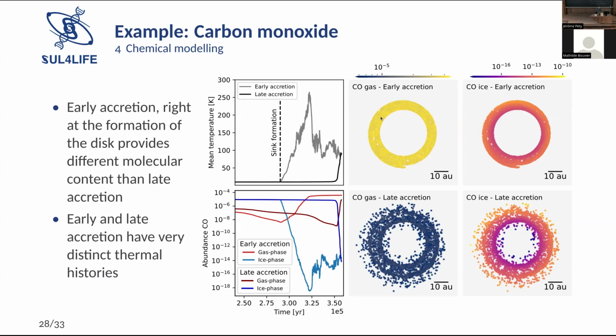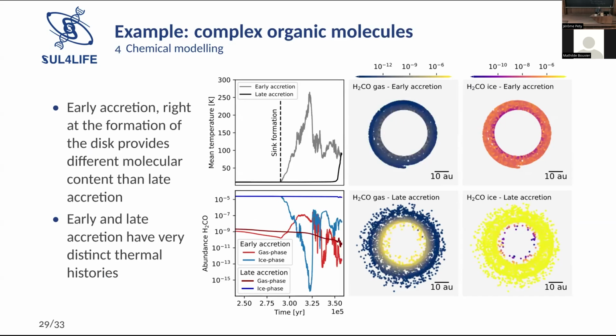The dynamic range in the CO gas phase abundance is not very impressive, but if we go to, for example, formaldehyde ice, the difference is much higher, okay?